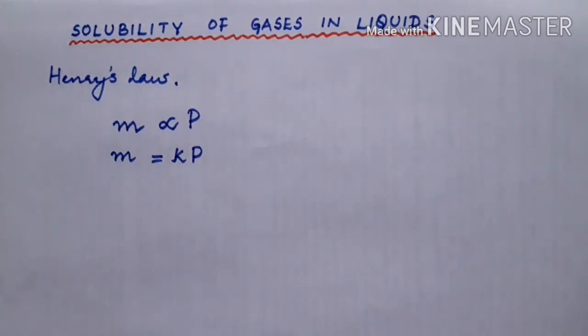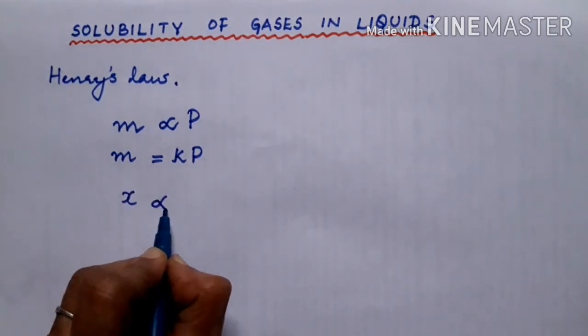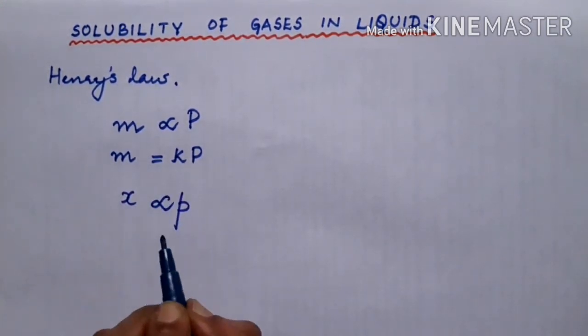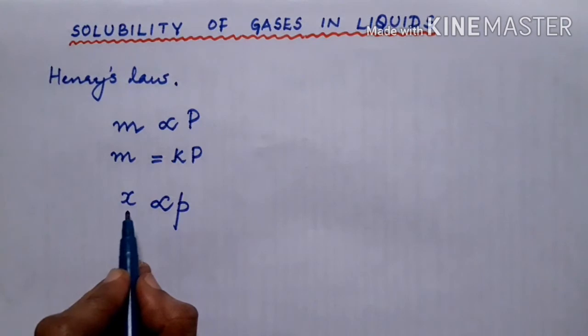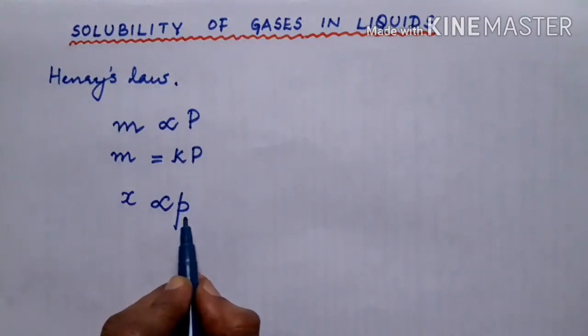If we use the mole fraction of a gas in a solution as a measure of its solubility, then Henry's law is also stated as: the mole fraction of the gas in solution is directly proportional to the partial pressure of the gas. X is the mole fraction. P represents the partial pressure of the gas.